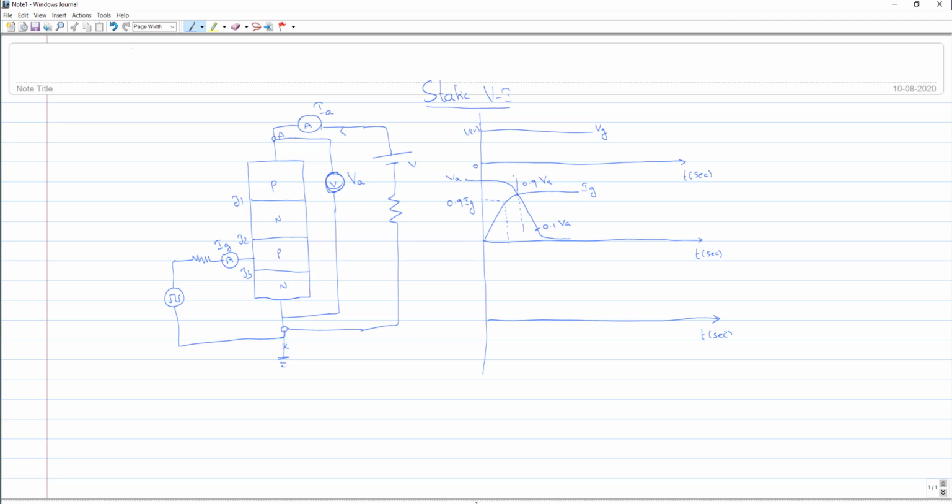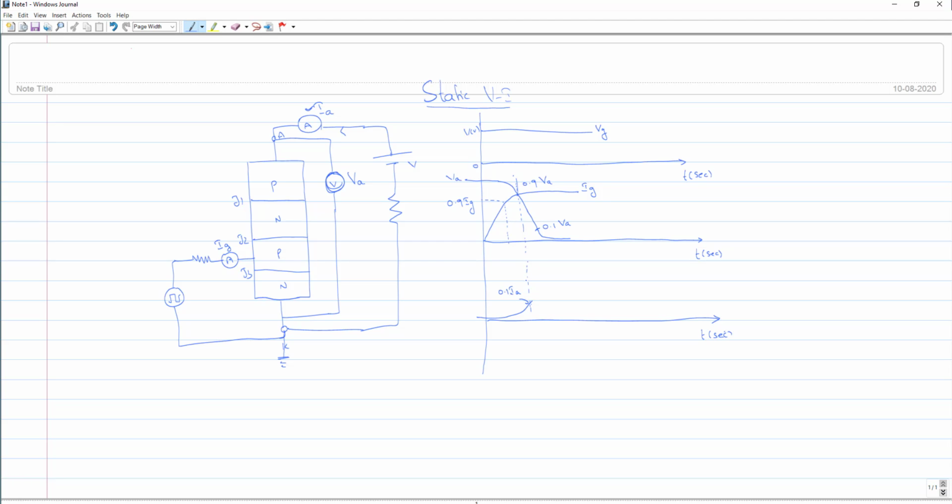This current. When this anode voltage is 0.9 times, this current will slightly rise. So that means the current here is 0.1 times the actual anode current. If you measure this anode current, whenever the voltage is at 0.9 times, the current is 0.1 ampere.